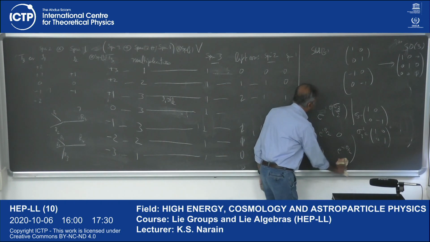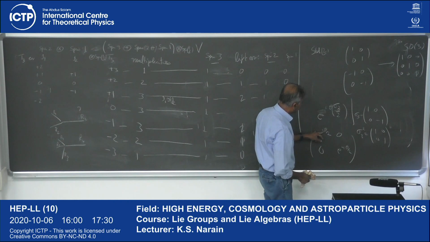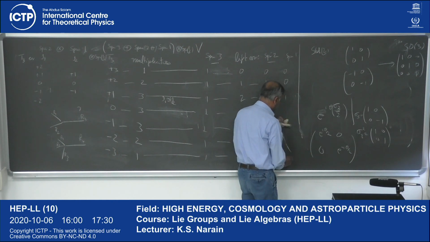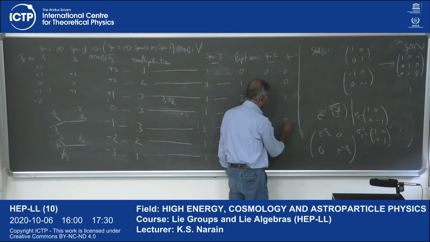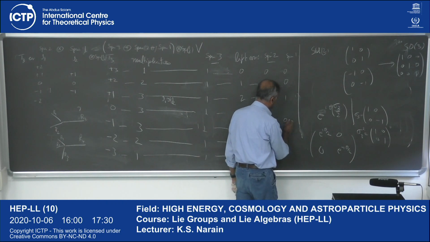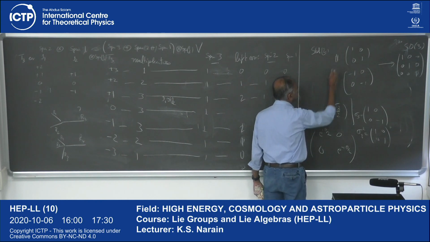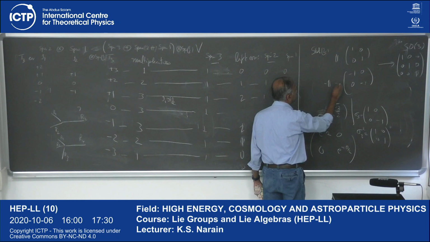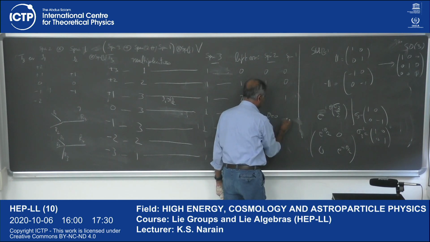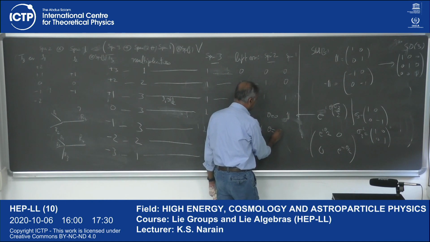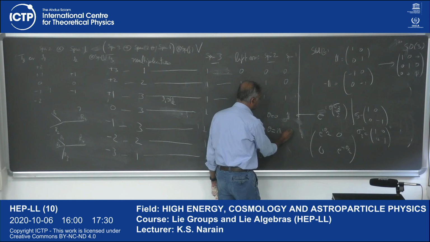Now if you look at theta equal to 0, this guy just gives you the identity. But theta equal to 2 pi gives you minus identity.